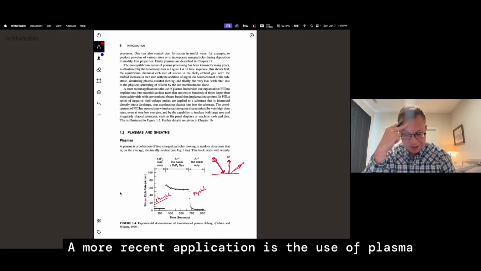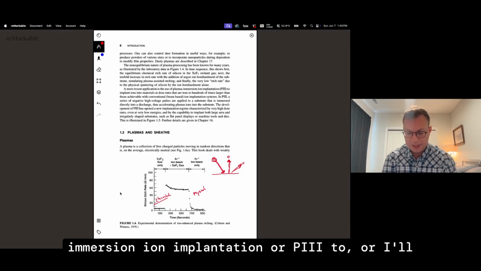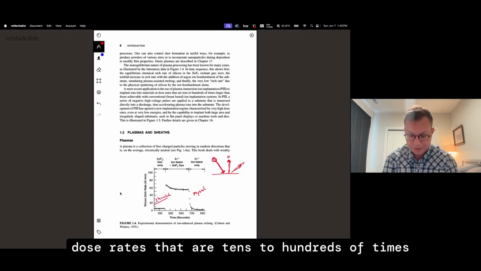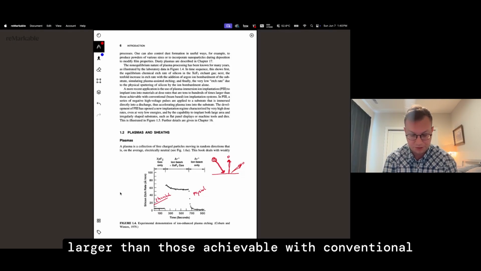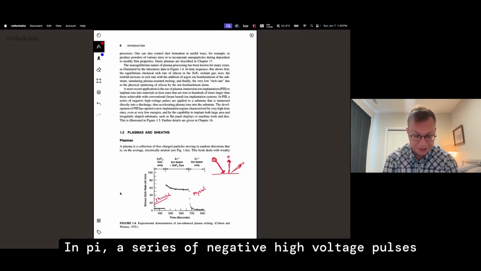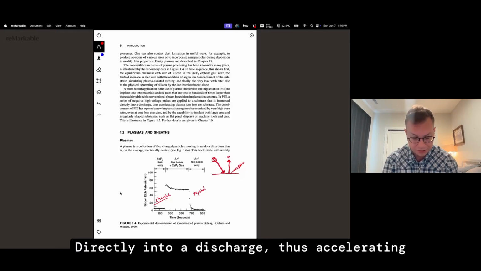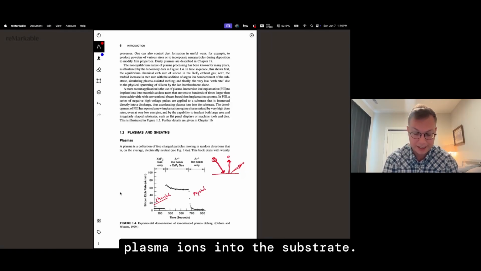Okay. A more recent application is the use of plasma immersion ion implantation, or PIII, or I'll just say PI, to implant ions into materials at dose rates that are tens to hundreds of times larger than those achievable with conventional beam-based ion implantation systems. In PI, a series of negative high voltage pulses are applied to a substrate that is immersed directly into a discharge, thus accelerating plasma ions into the substrate.